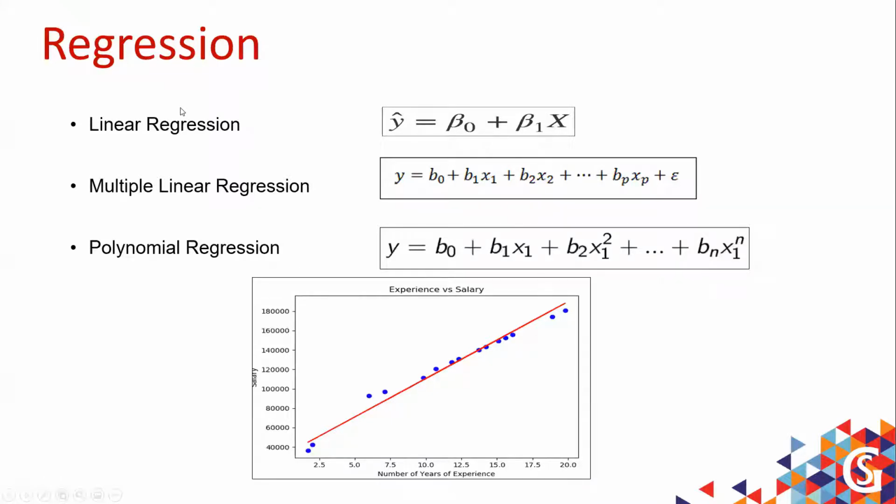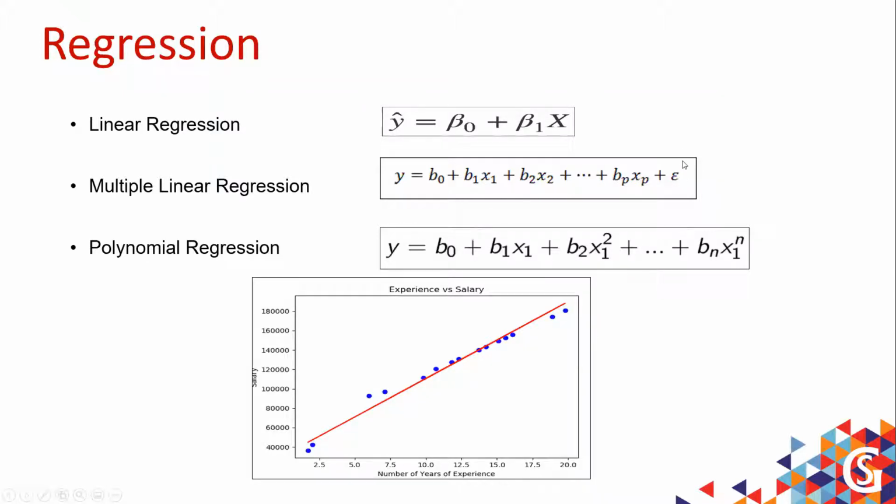But over a period of time, in the next demo, we go through multiple linear regression. In multiple linear regression, we not only have the beta naught, we have beta 1 x1, beta 2 x2, until beta p xp, plus the error.